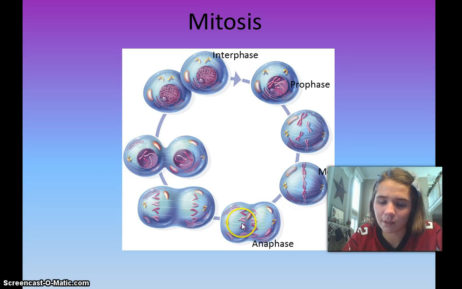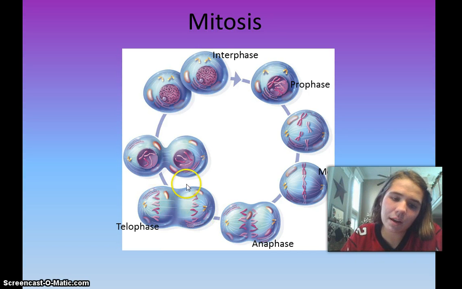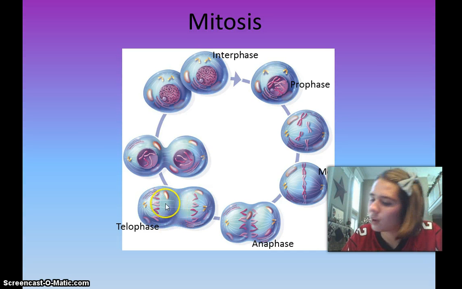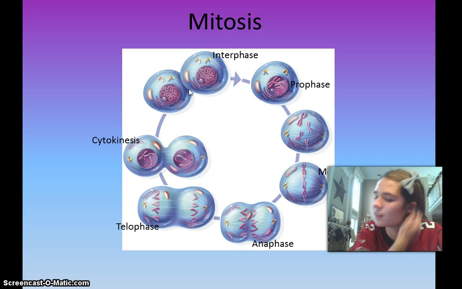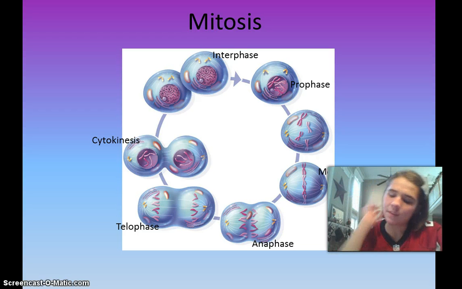Anaphase is when these chromosomes are dividing and going to opposite ends of the cell. Telophase is when, as you can see, this nuclear envelope is forming here. And then cytokinesis is when this part, the cytoplasm, actually separates, and we've got two different cells that are now back in interphase.